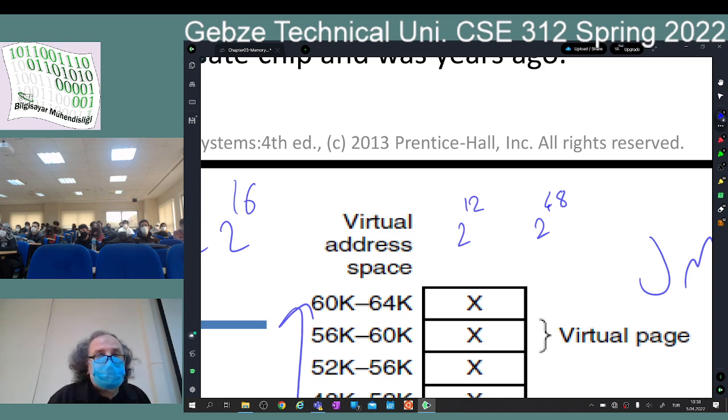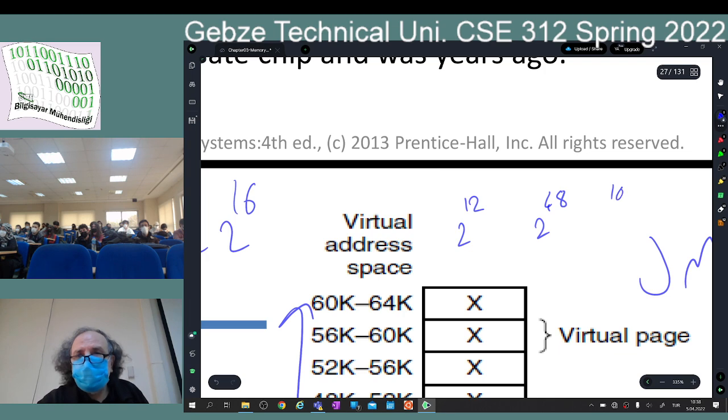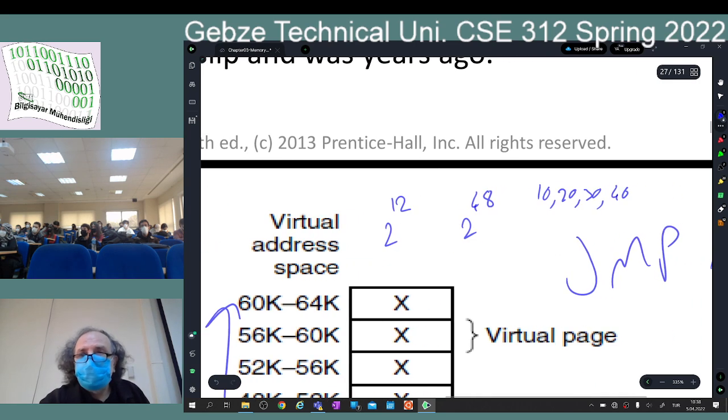It is very, very large. What is 2 to the 48? 10 is kilobyte, 20 is megabyte, then gigabyte, and terabyte, right? Is that correct?